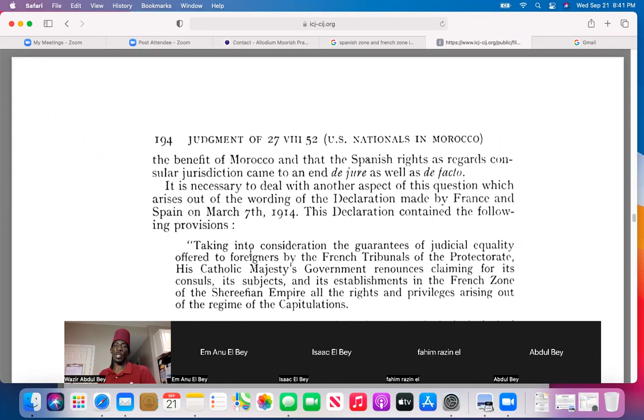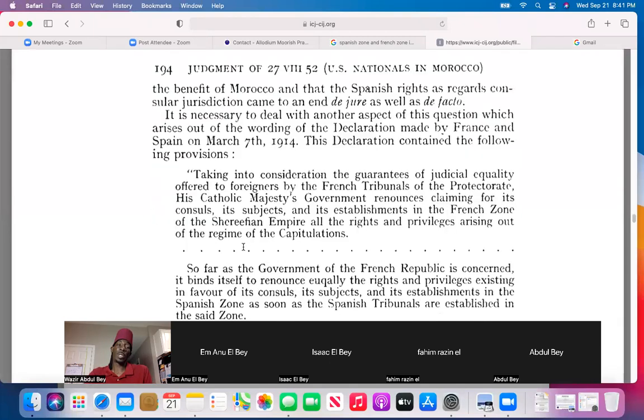It is necessary to deal with another aspect of this question, which arises out of the wording of the declaration made by France and Spain on March 7, 1914. This declaration contained the following provisions.